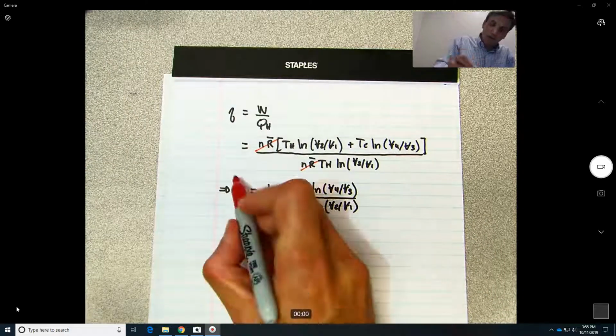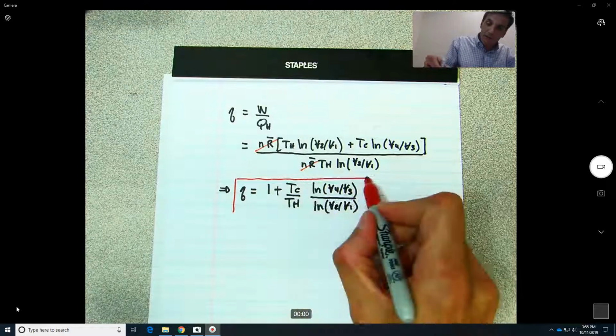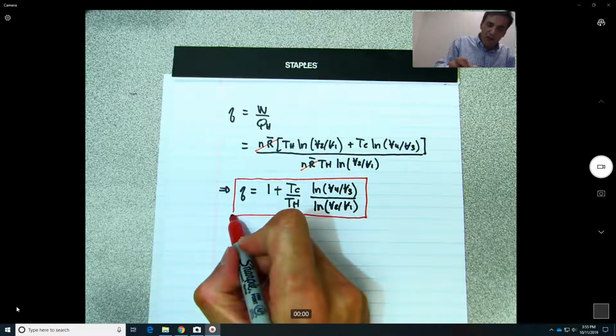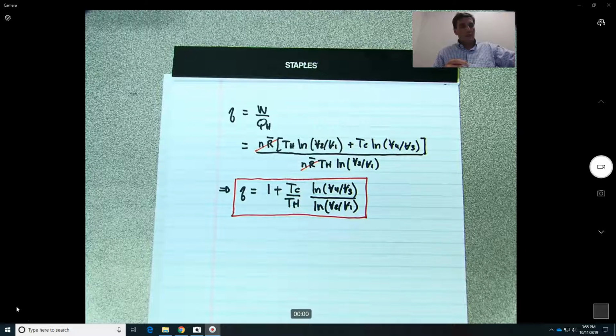So as you can see, we are almost there, but the almost there is probably going to take a couple more pages.